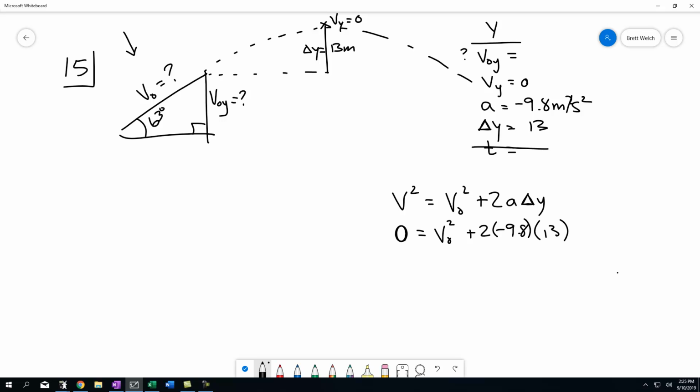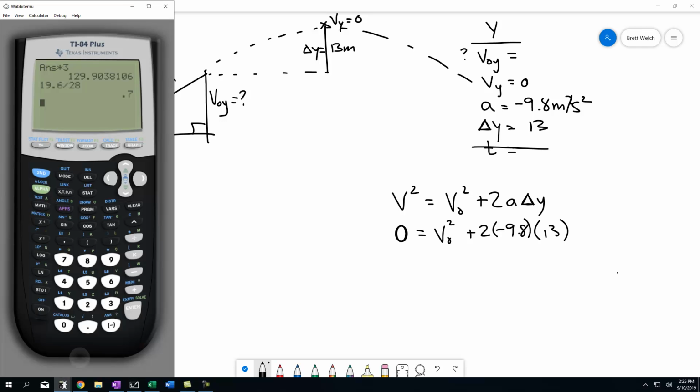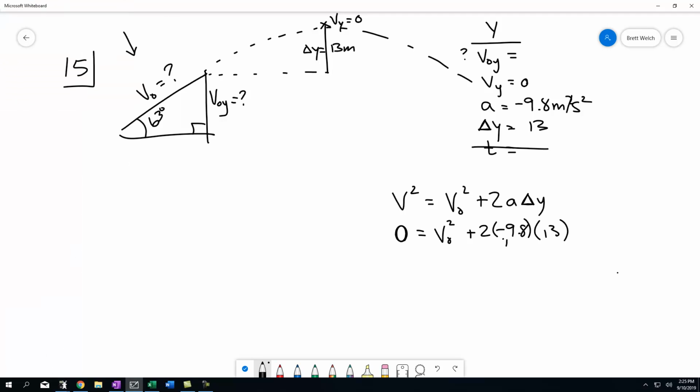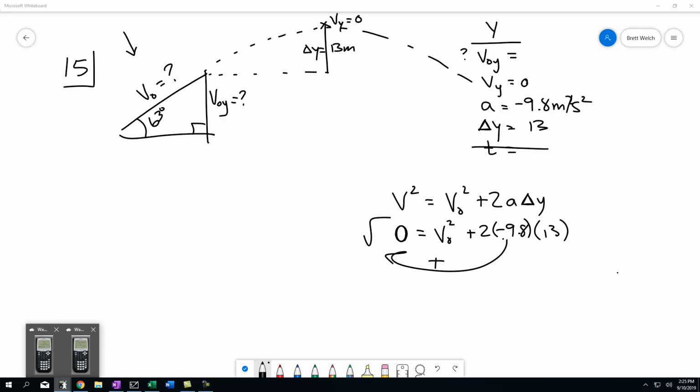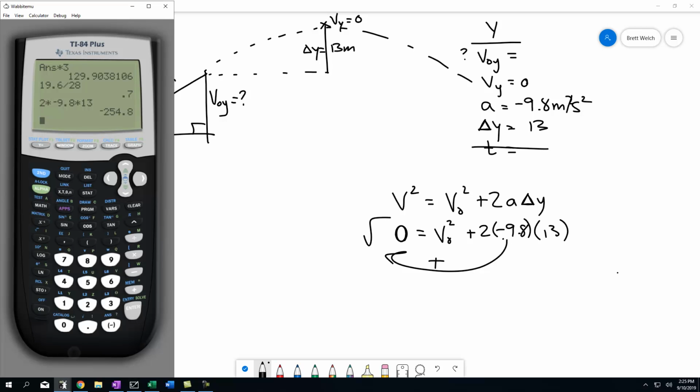13. So I'm going to take some quick calculation of all this. If we take 2 times negative 9.8 times 13, we get negative 254.8. Now I know I'm going to have to move that over by addition, and then I'm going to have to square root whatever that number comes out to be. So bear with me, I'm going to shorthand that a little bit.